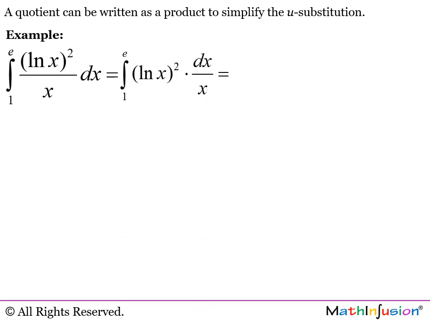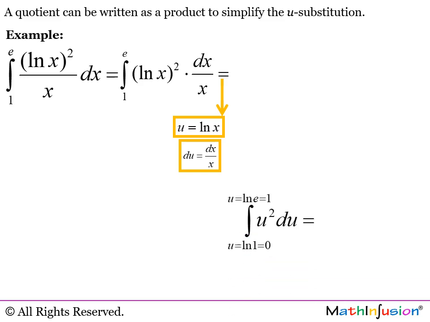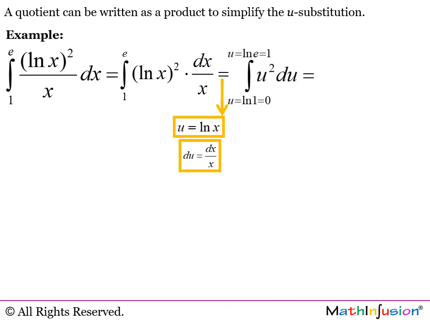Now I realize easily that I have here a product, and one of these functions is a composite, and it's this one. So now I know that u has to be ln of x. And that's why du is dx over x. And I get this integral.